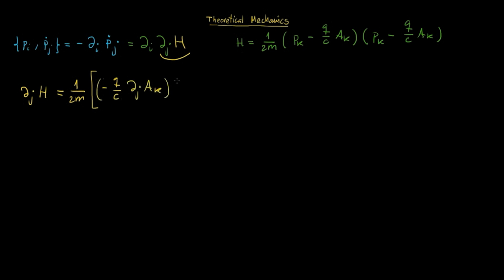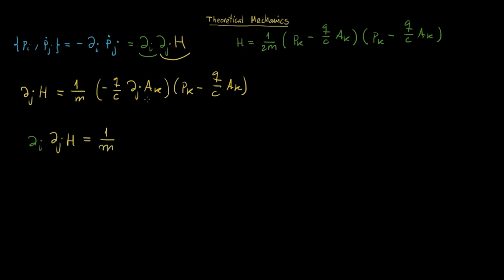This is the derivative of the first term times the second term, plus the first term times the derivative of the second term. But this is the same thing that appears here, so it is twice. So a new 2 appears that cancels this 2.